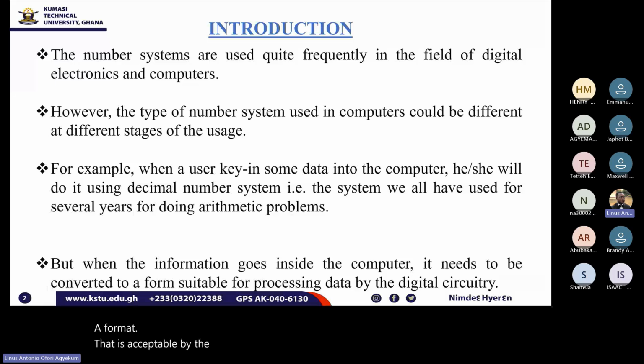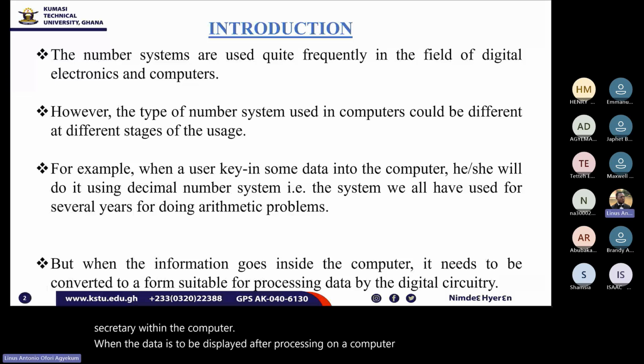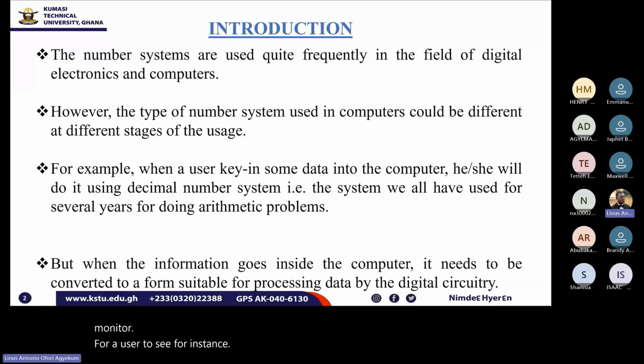And this is mostly done using a digital circuitry within the computer. Similarly, when the data is to be displayed after processing on a computer or on a monitor for a user to see, for instance, it will again be in a decimal system, or it will be a decimal number. So again, there you would need that conversion.